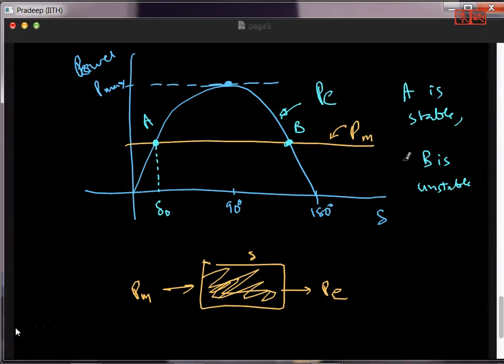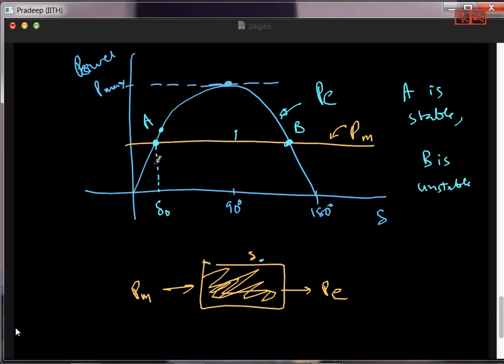So what is the reason? The reason is like this. Let's say I am operating at delta naught. Now due to some disturbance, my mechanical power input has increased. So this line will go up, and this A point will move upwards.